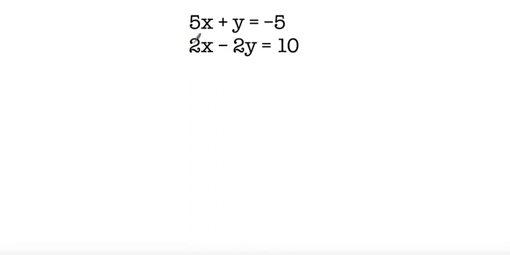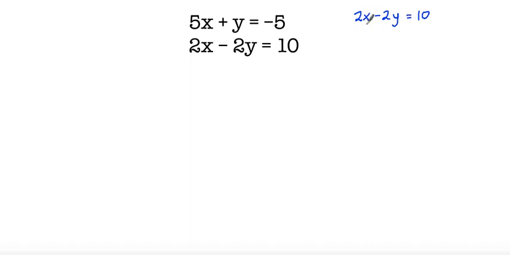But if we really wanted to take our other equation, we could do that. So let me just show you because this one is a little bit harder, but it's still possible. So if I wanted to take this equation, 2x minus 2y is equal to 10, the first thing I would have to do is pick a variable I want to get by itself. So I'll actually pick 2x.